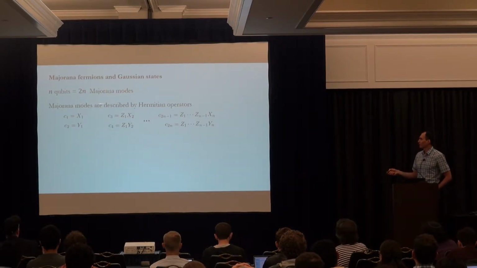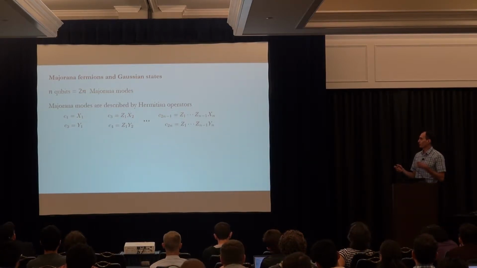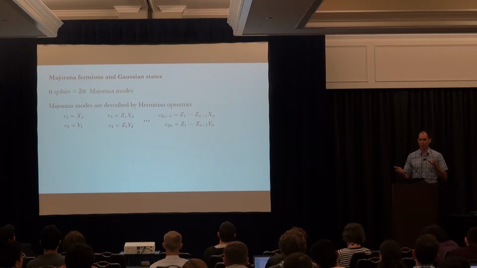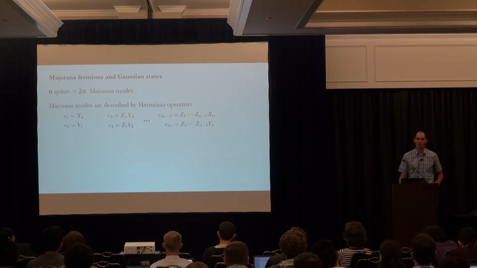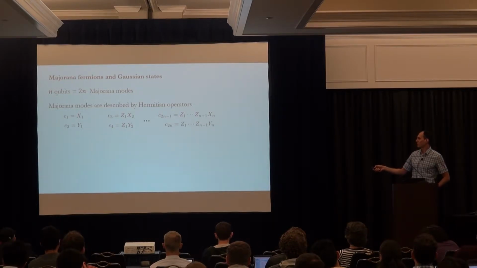Okay, so I'm going to consider Majorana fermions in terms of qubits. If we have a system of n qubits, this is essentially the same as a system of 2n Majorana modes. Each Majorana mode can be described by an operator c, which is a certain product of Pauli operators.